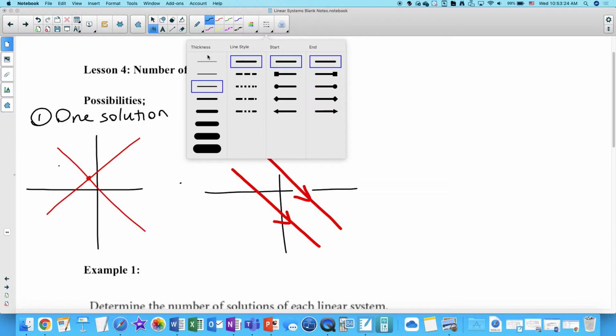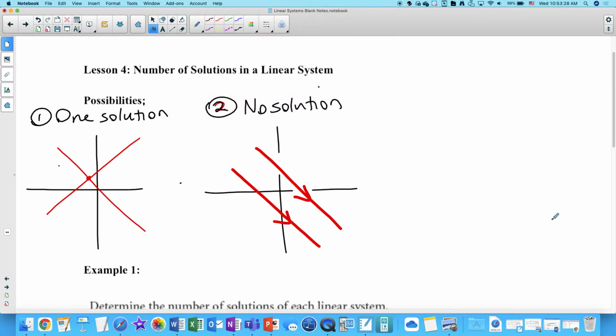Can anyone think about what that might be? The lines could either intersect or be parallel, or what else could happen? Yeah, the lines could overlap.